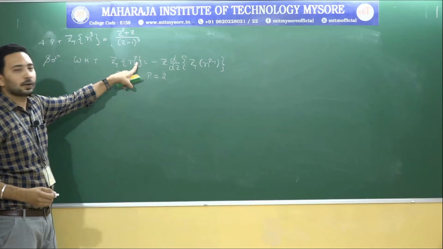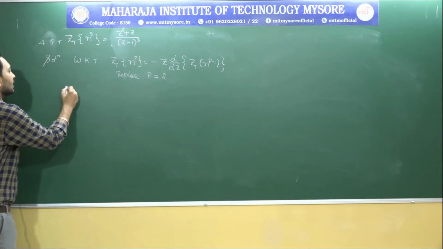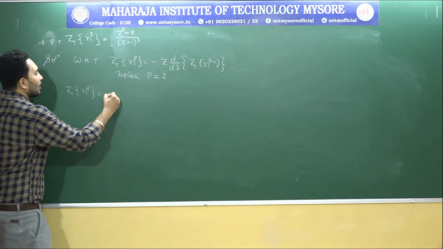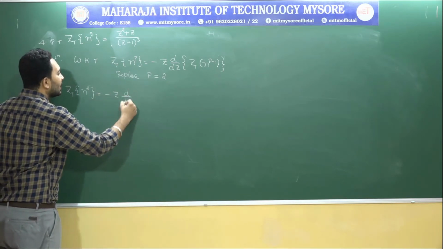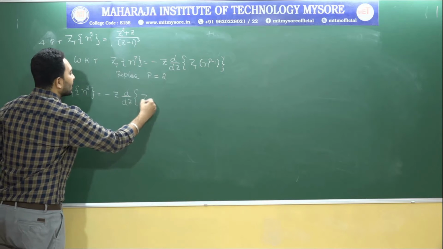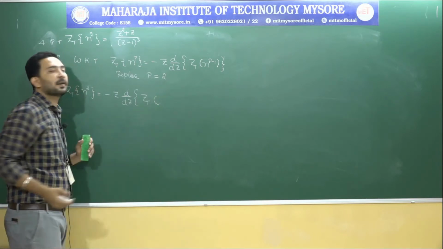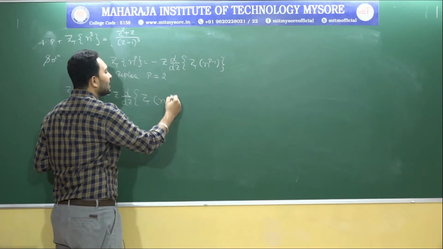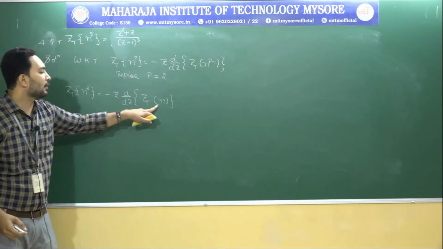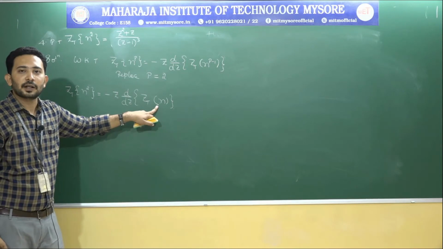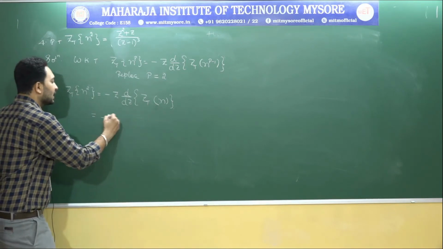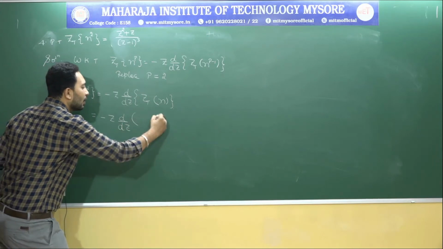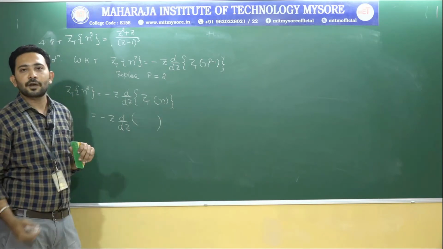We'll get the z transformation of n square equals minus z d by dz of the z transformation of n power p minus 1. So n power p minus 1, 2 minus 1 is 1 only. So we'll remain with minus z d by dz of the z transformation of n.